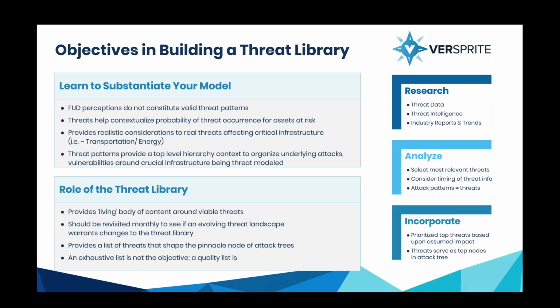But in order to get there, you really have to research threat data and threat intelligence reports, analyze the data, correlate it to the most relevant attack patterns that support those threats, and also correlate it to your environment, and then incorporate it into your pen testing regimen.